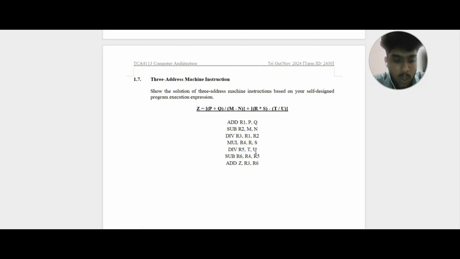Finally combine both parts. Then we have to add Z, R3, R6, which means add R3 and R6 and store the result in Z. The three address machine is the most efficient for complex calculation as it minimizes the number of intermediate steps.